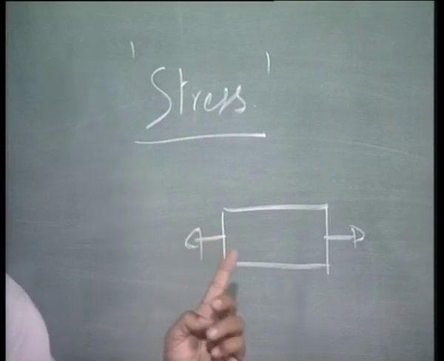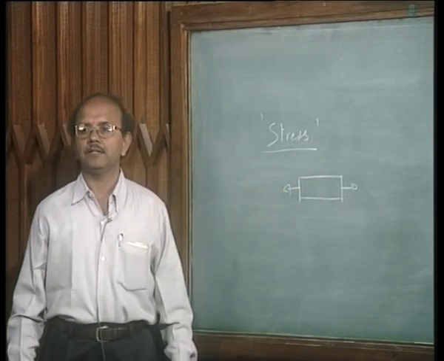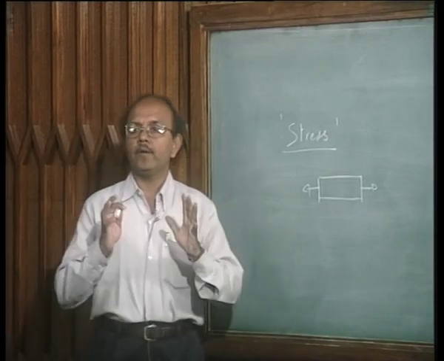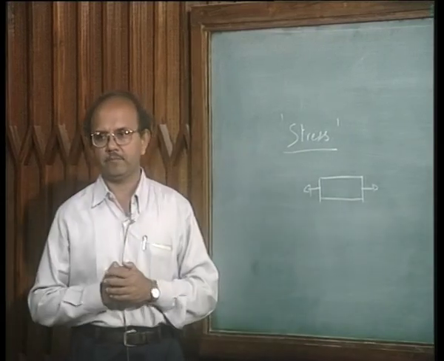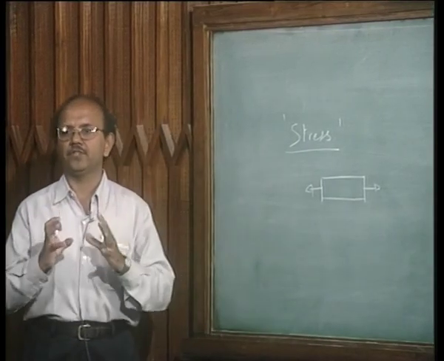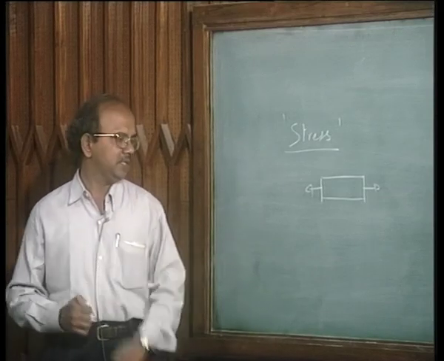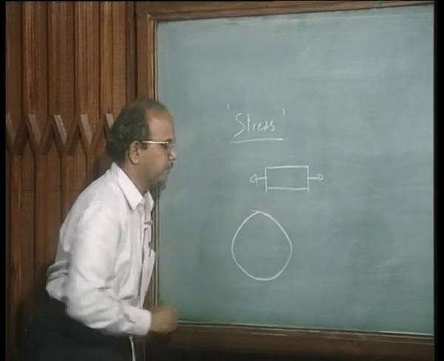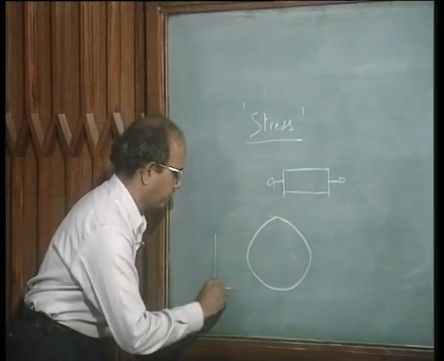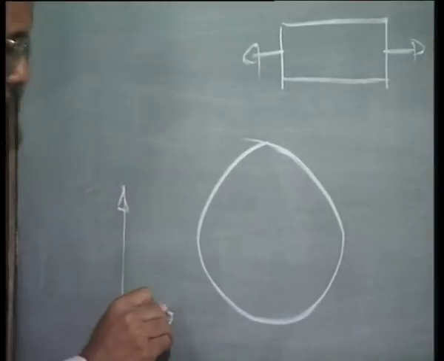But the real life problems are not as simple as this. So we have to have a much more rigorous understanding of stress. Let us see the definition of stress from a more rigorous three-dimensional setting. Now let us consider a body. Let us put some coordinate system for it.